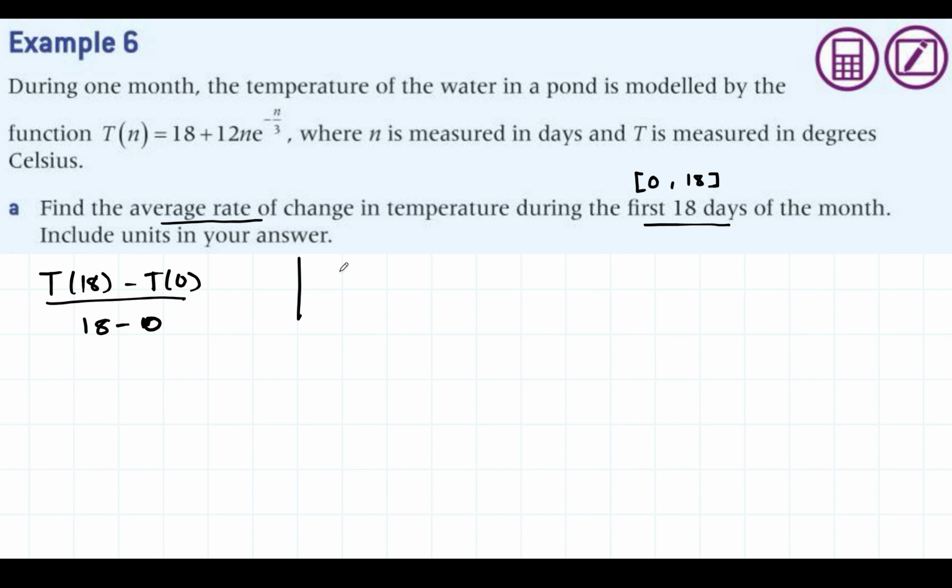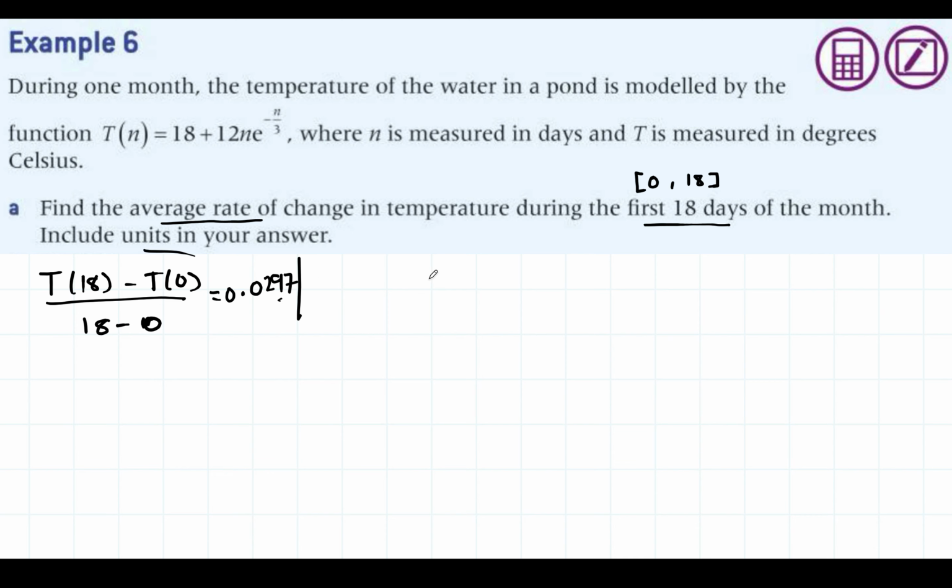So T of 18, you could put this in your calculator if you want to, or we could simplify it using algebra. It's a calculator question, so if I'm just going to use the calculator, it will give me 0.0297. Now they want the units in the answer. What are the units?